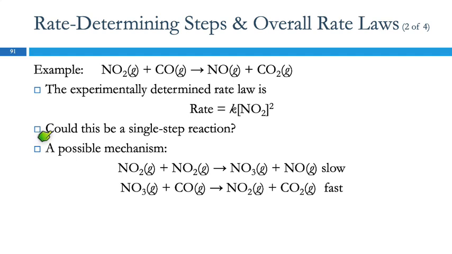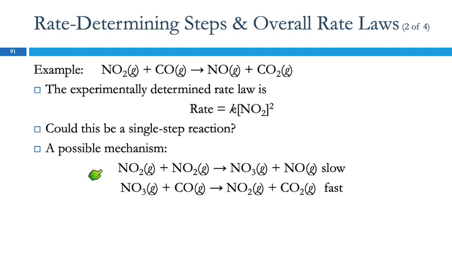So, could this be a single-step reaction? It can't, because this does not match with this. If this was an elementary step, then this rate law would be rate constant times this concentration times that concentration. But it is not. This is a multi-step mechanism.